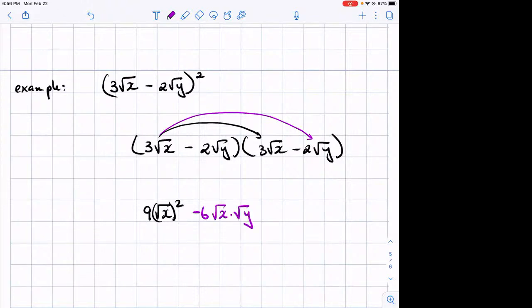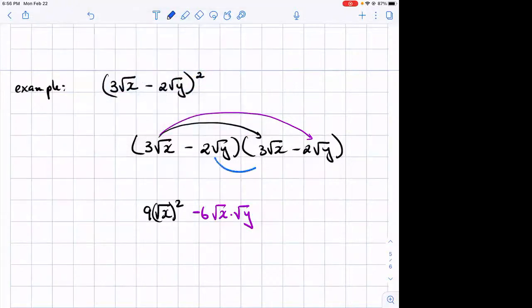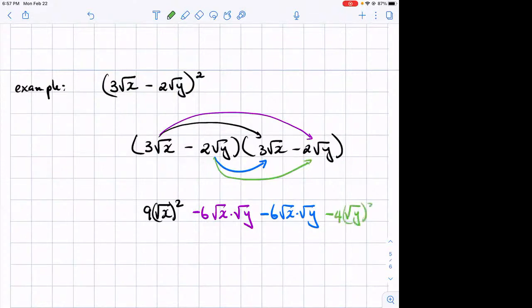They're not like terms, or you can write root xy if you choose to. And if we multiply now this times this becomes minus 6 root x times root y. And then finally, this times this becomes minus 4 root y quantity squared. Okay.